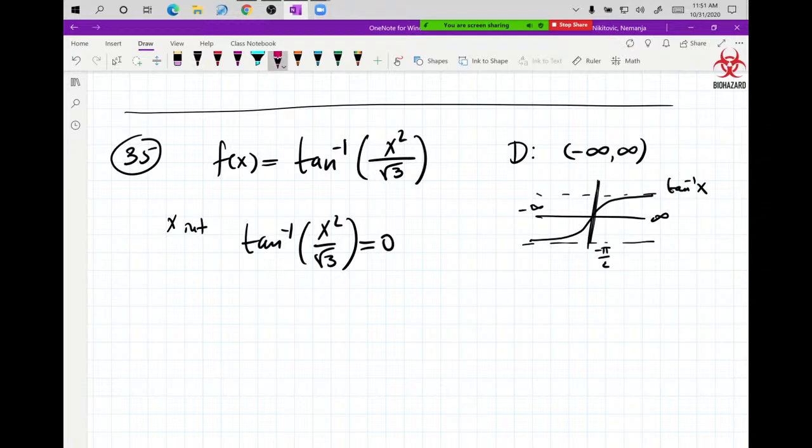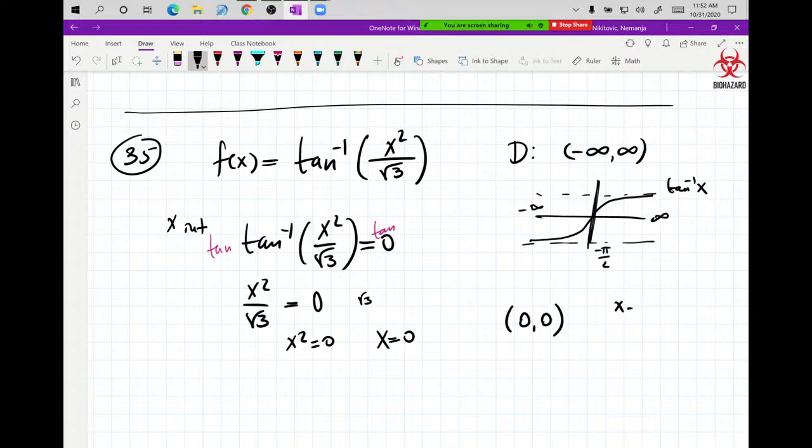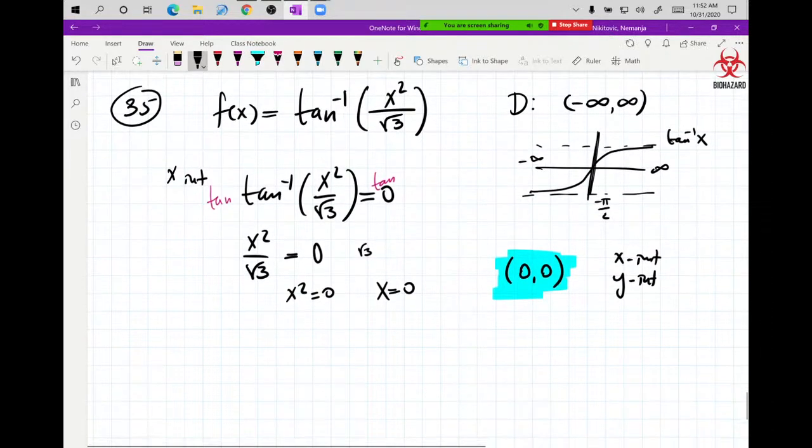So you hit both sides with a tangent, and you get your x squared over root 3 equal to tangent 0, which is 0. Multiply everything by root 3, you get your x squared equal to 0, and you get your 0. So you have 0, 0, which is x-intercept and y-intercept at the same time. I told you that before. So that's going to be one of our points to behold.